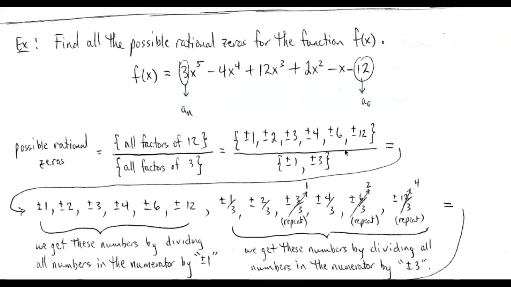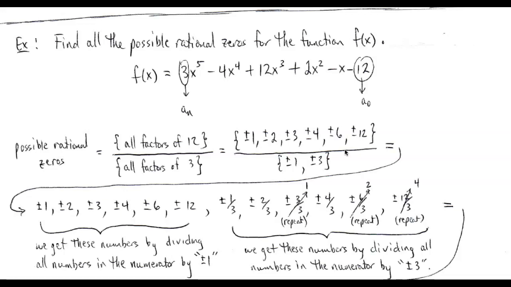So let's see an example here. We want to find all possible rational zeros for this particular polynomial. We see it's a 5th degree polynomial, and we notice that our leading coefficient is 3, and our constant coefficient, or our last coefficient, is negative 12, but we're going to ignore the minus sign there because, as you can see, we include plus or minus with all the factors.